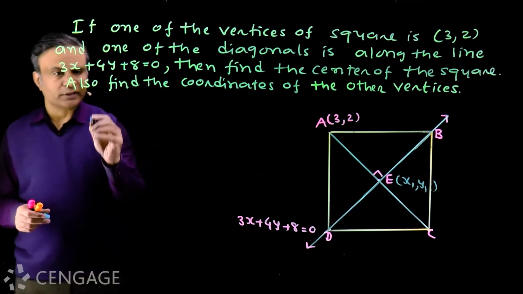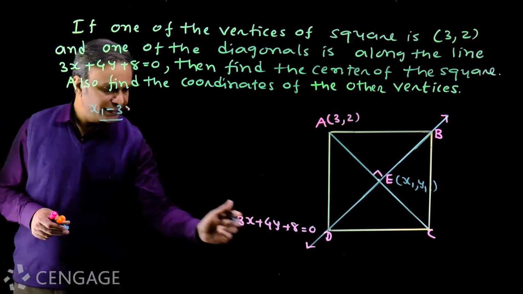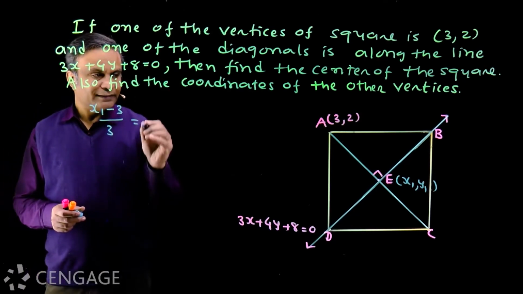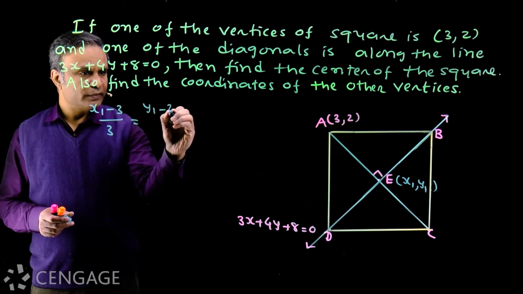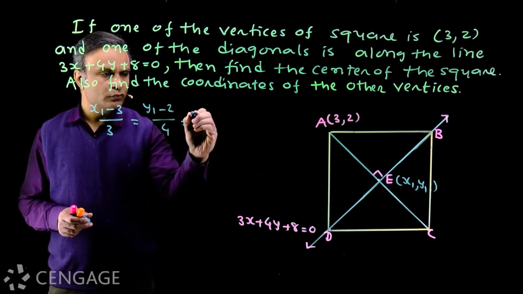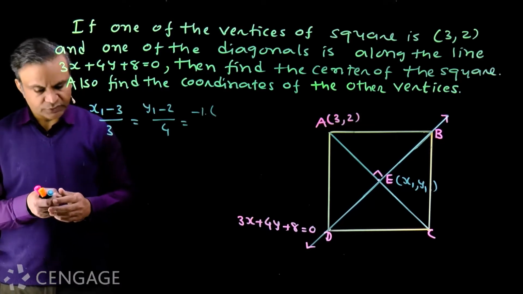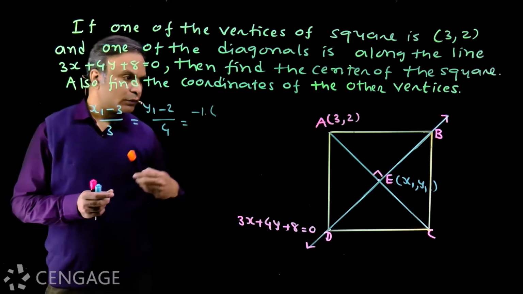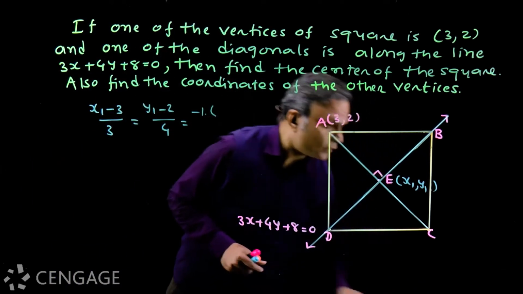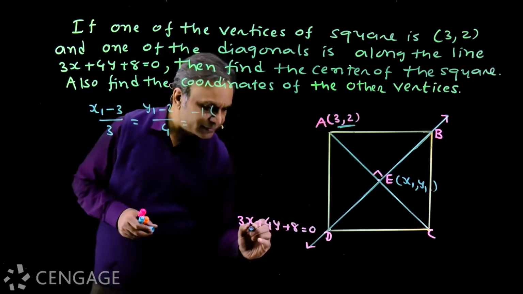So using the formula we have (x1 - 3)/a, here a is 3, coefficient of x, equal to (y1 - 2)/b, b is coefficient of y, equal to minus 1 multiplied by, here we have minus 1 because we are finding coordinates of foot of perpendicular. Inside the bracket we put these coordinates in this expression.